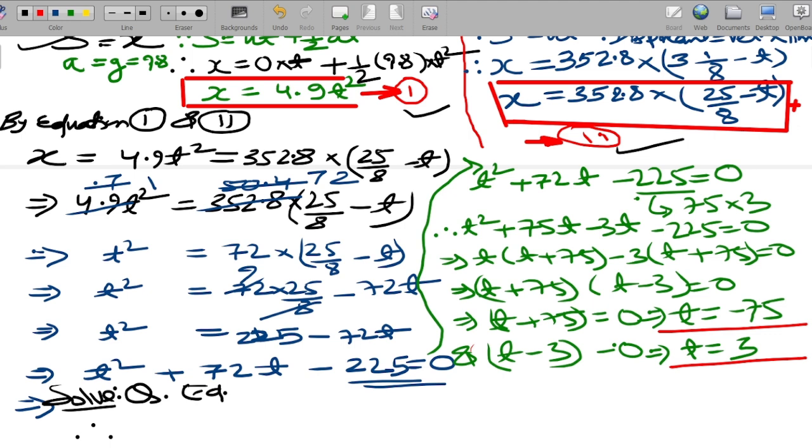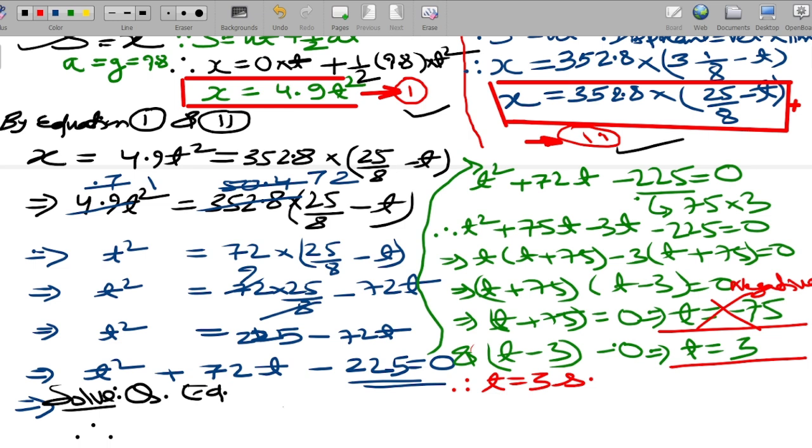So we will consider the value of t equal to 3 seconds. So t equal to 3 seconds is the time taken by the stone to reach the water level. That is the first part of the journey.